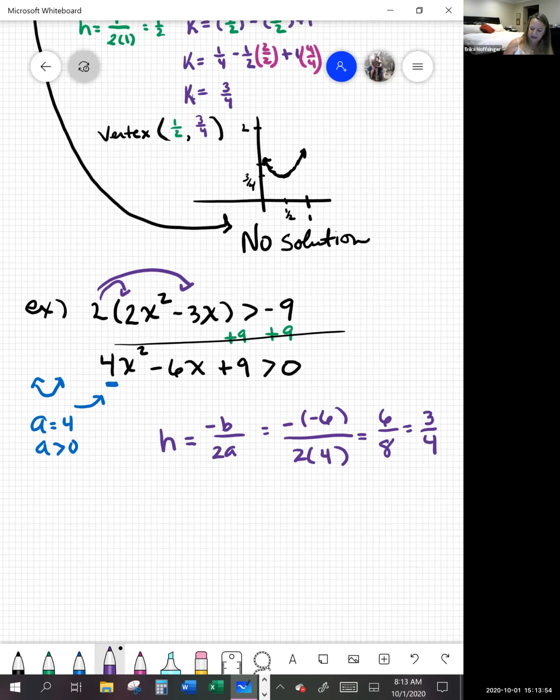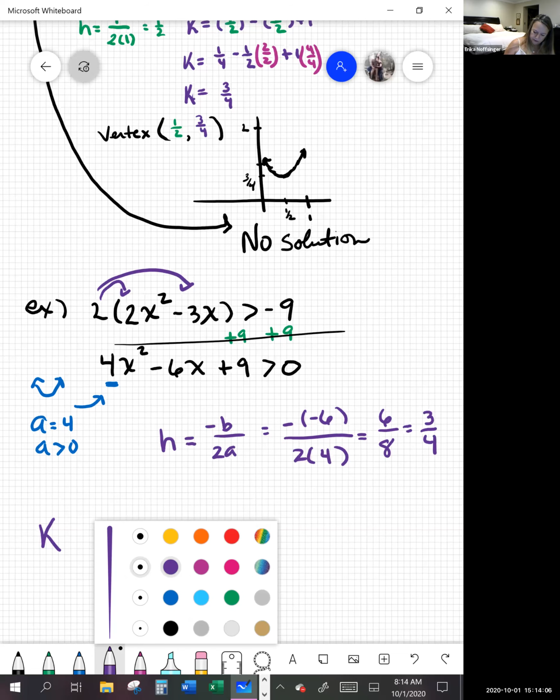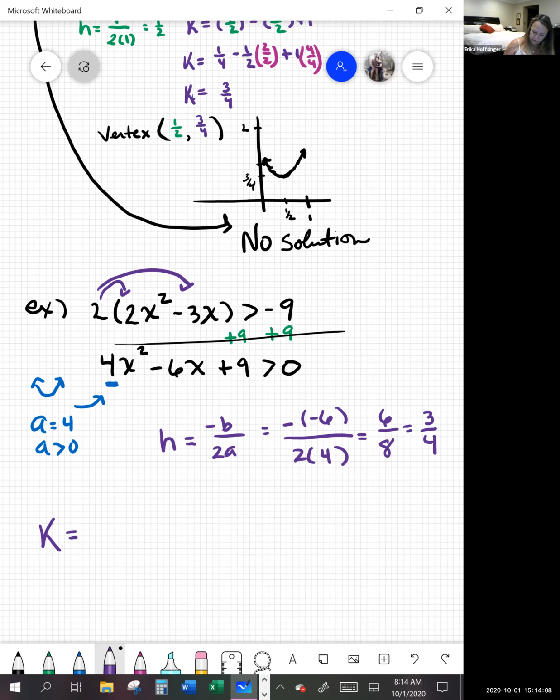So we can plug it back into this one, or we can plug it into the one we just found, which I think is probably going to be easier. So k is equal to 4 times... I'm going to put parentheses wherever I see an x, and then go back in and write in 3/4.